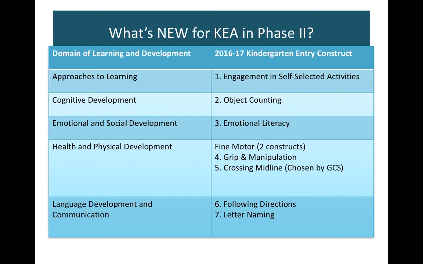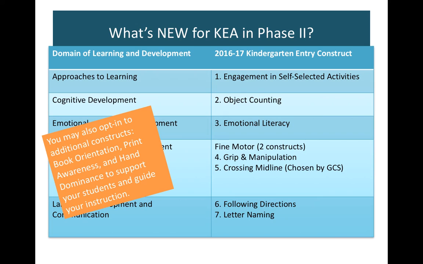In health and physical development, there will be 2 construct progressions. One is grip and manipulation, and then the other is a construct progression that was chosen by Guilford, crossing midline. Finally, in the language development and communication domain, teachers will be using the following directions construct progression and the letter naming construct progression.